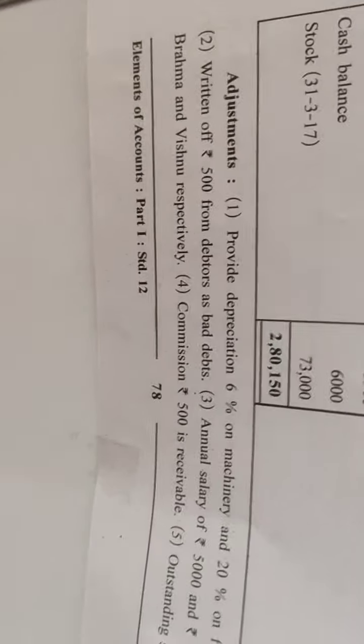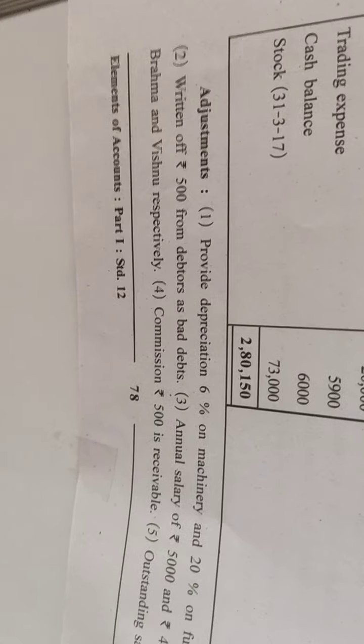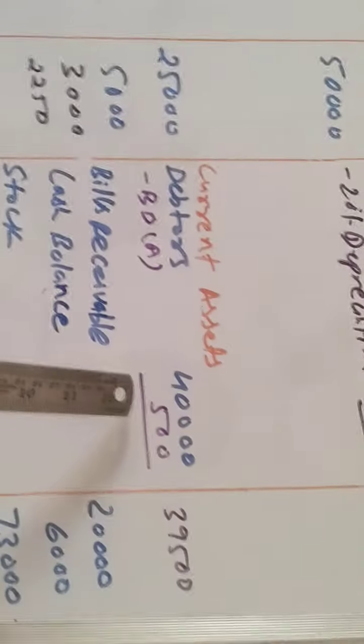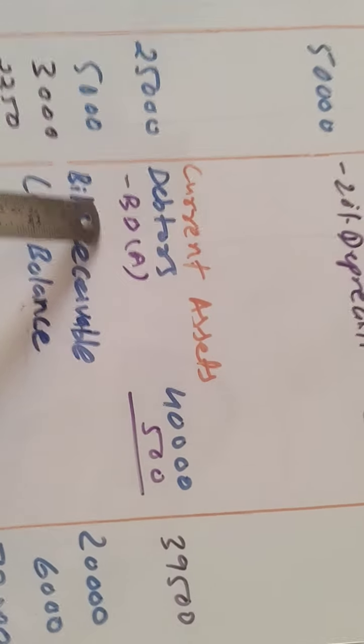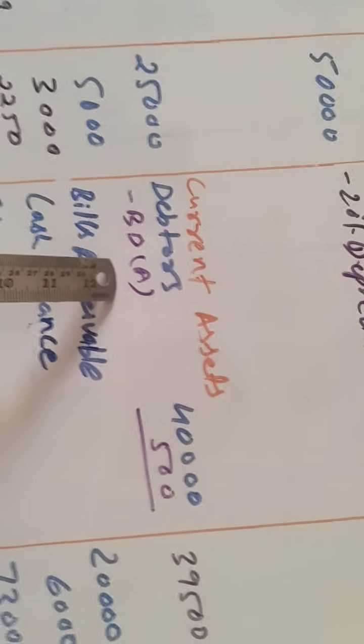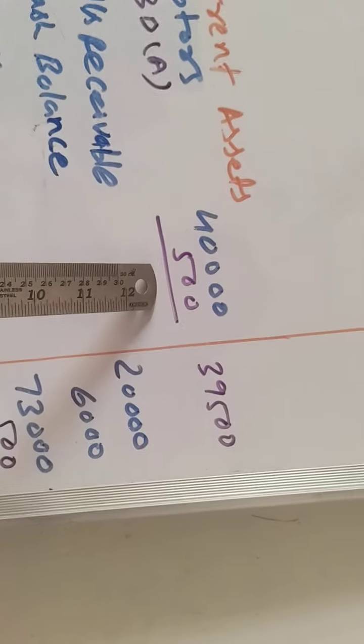Now come to the second adjustment, which says write off rupees 500 from debtors as bad debts. We will deduct bad debts rupees 500 from debtors, BDA, that is bad debts adjustment 500.